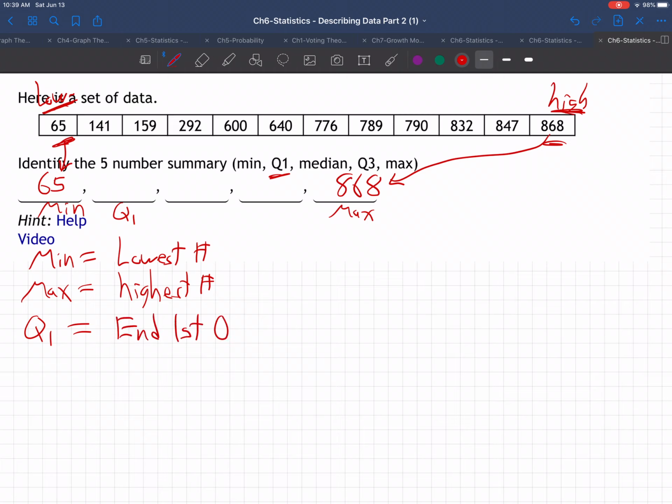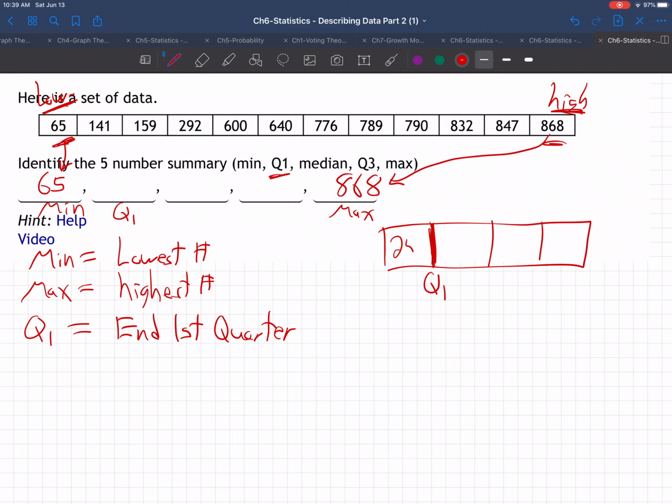of the first quarter. So imagine a basketball game or a football game. Basketball games and football games are broken into 4 quarters, right? So here would be Q1. It's the end of the first quarter. So that's the same thing as P25, 25% of the way through the game, right?